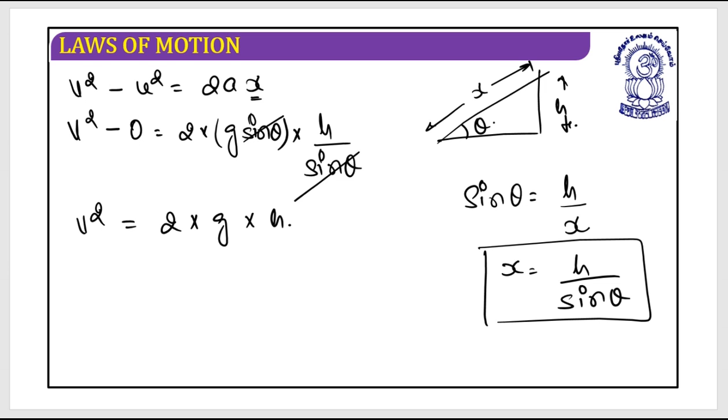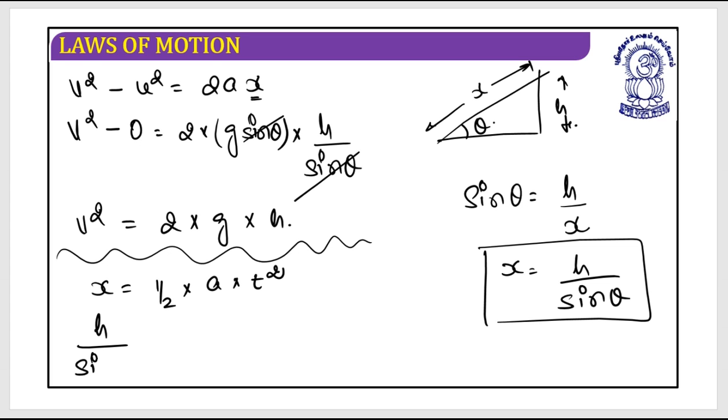Great. Now let me calculate the time to reach the bottom. That could be written as x equals half into a into t square. This x can be written as h by sin theta, and that could be replaced: half multiplied by acceleration, which is g sin theta, multiplied by t square.